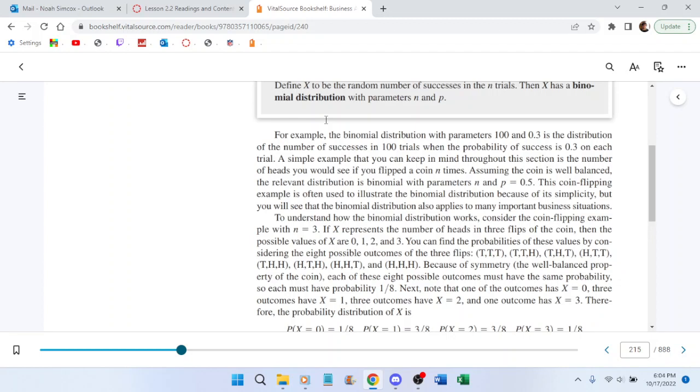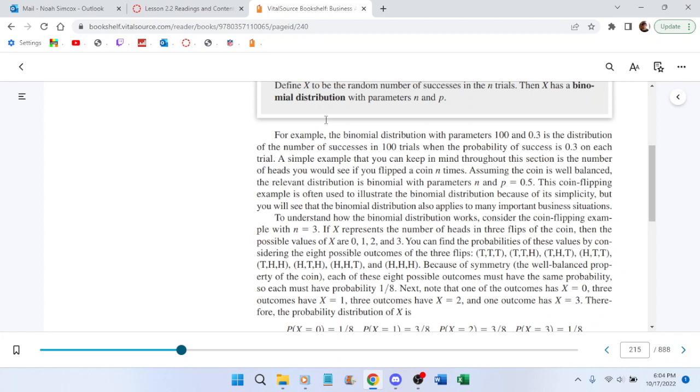Number of 3 trials. X represents number of heads in each 3 flips of a coin. The possible values. What? Wait, what? What? What are you talking about? Why on earth is that the case?